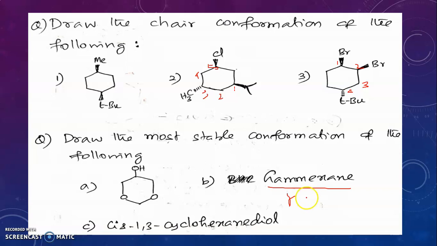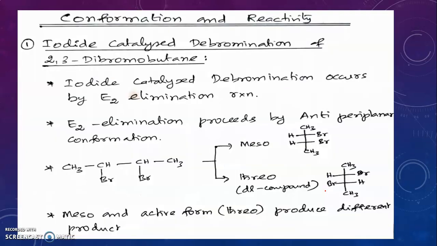So in gamexene, the first 3 chlorine atoms should be placed in axial manner, and the remaining 3 chlorine atoms should be placed in equatorial manner. This isomer, called gamexene, is used as a pesticide in agriculture.